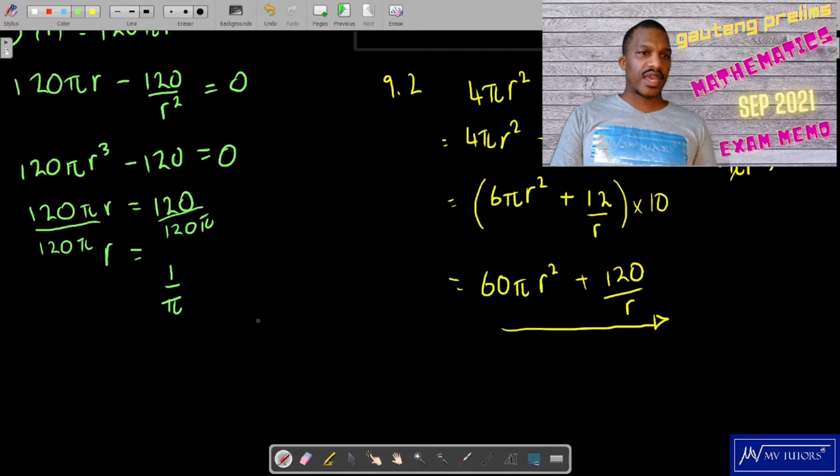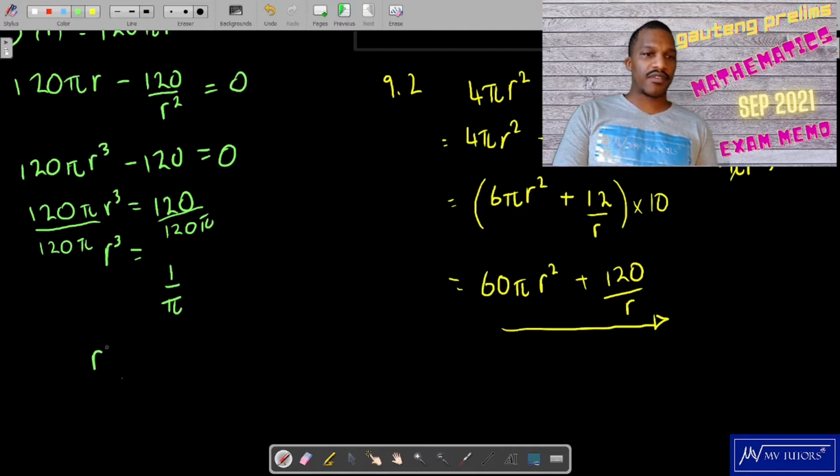Oh my goodness, why do I keep making mistakes? I forgot it's cubed. So to get rid of the cubed, I have to cube root both sides, right?